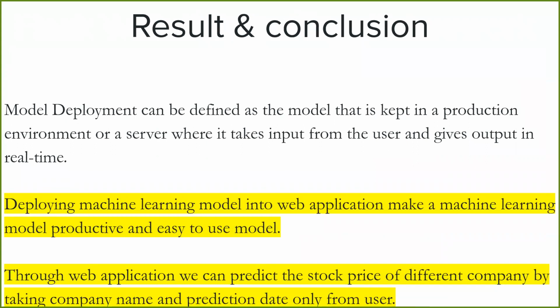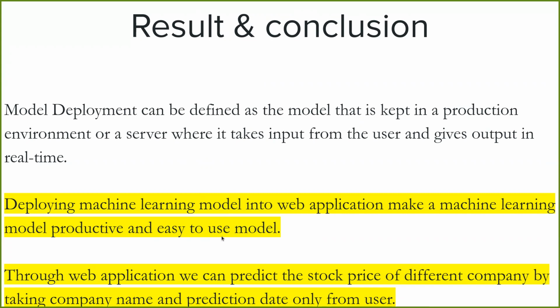So as we saw, model deployment can be defined as a model that is kept in a production environment or a server where it takes input from the user and gives output in real time. And we also saw that deploying a machine learning model into a web application makes the machine learning model productive and easy to use.